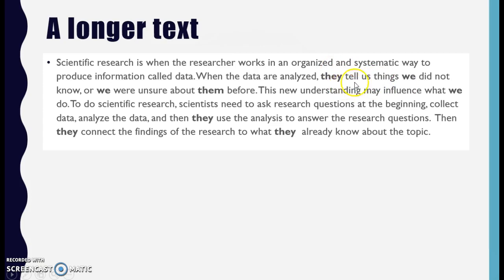So we have to say, what tells us things? It's data. Data tell us things. We, who's we? It's everybody. Did not know, or we, that means all of us, were unsure about them before. What's them? The things.